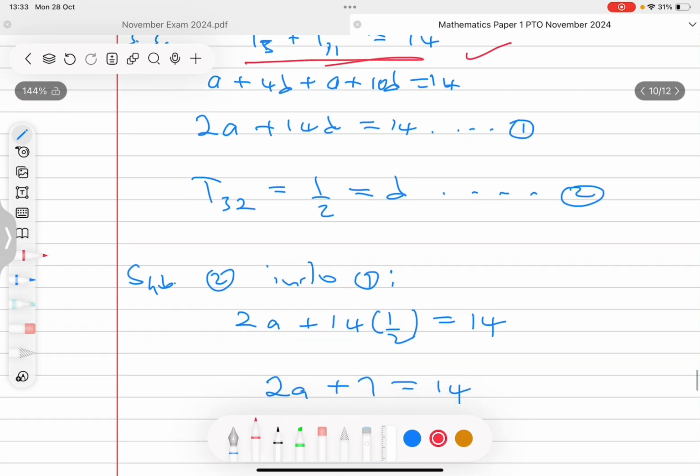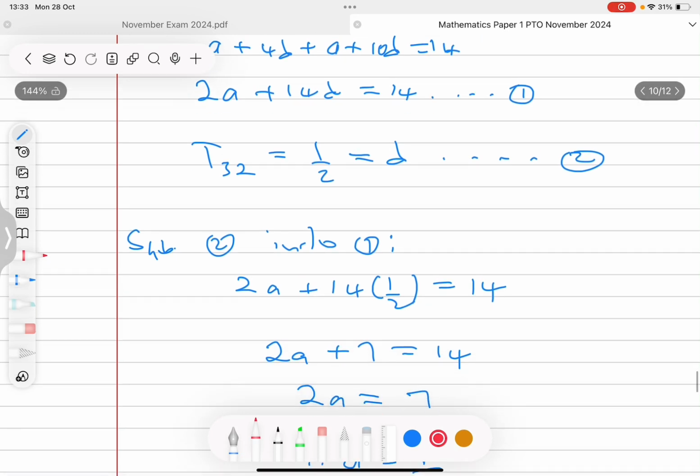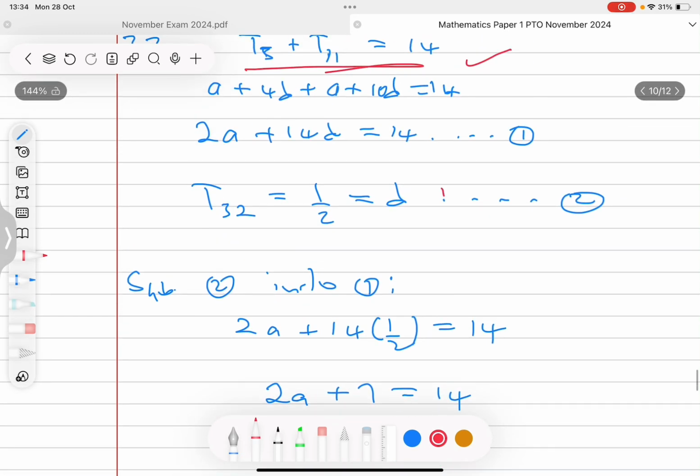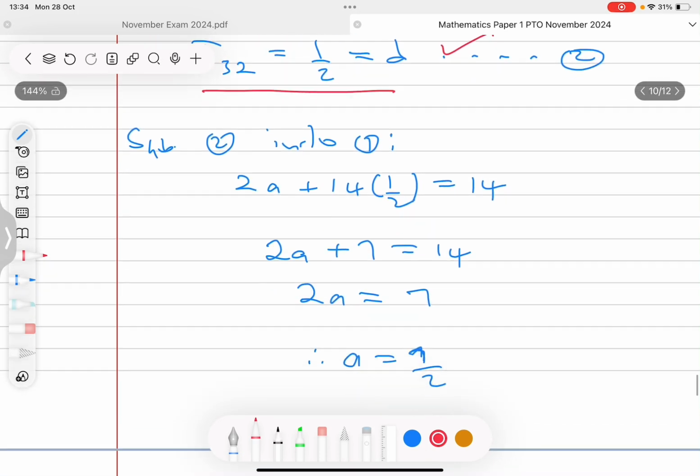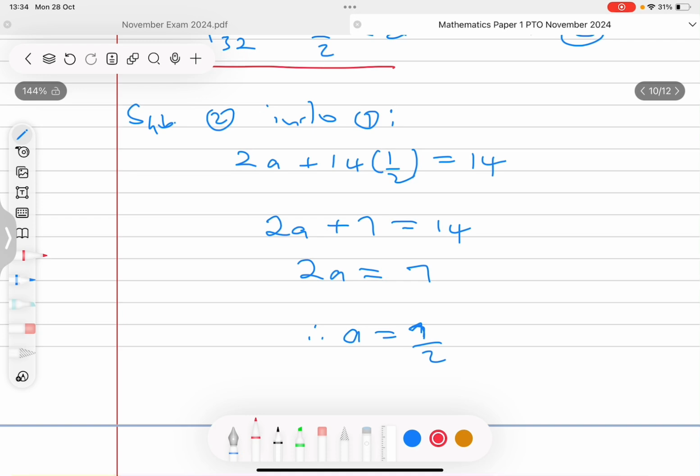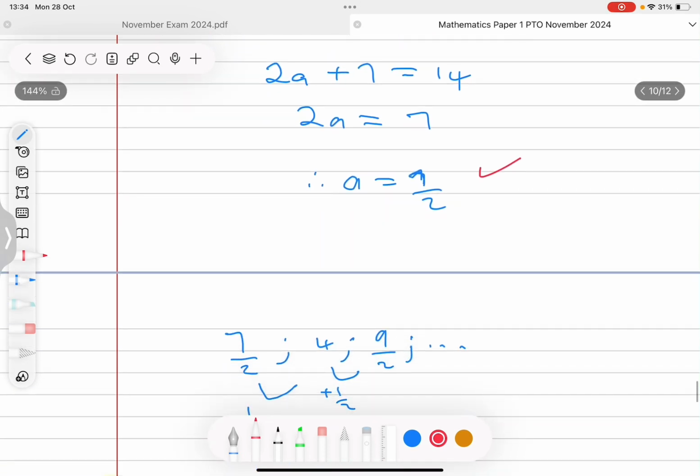The second will come from the fact that you were able to construct this relationship, that the 32nd term is the same as the common difference, and substitute it into the equation. And the last mark will be getting your sequence, being able to answer the question as they have requested.